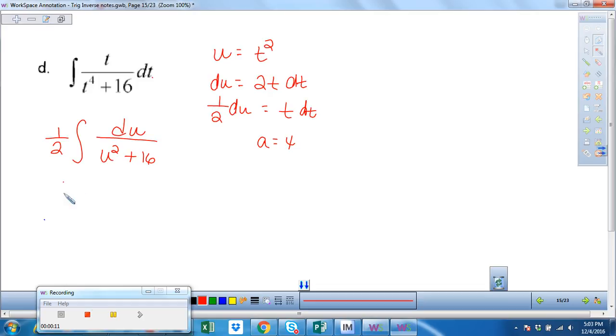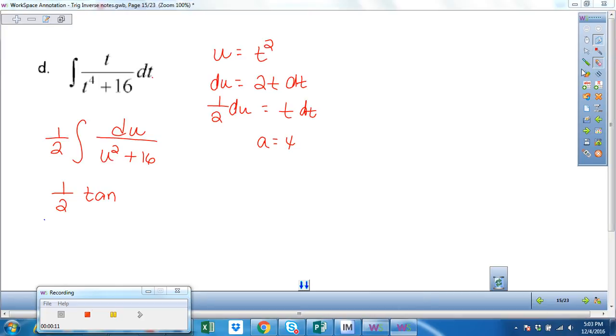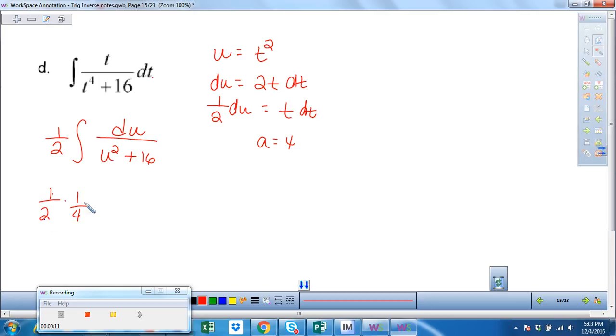So this gives me 1/2 the tan inverse, because I also need to deal with the a, so that gives me 1/2 times 1/4 the tan inverse of u over a plus c. And of course we can clean that up. 1/8 the tan inverse of t squared over 4 plus c.